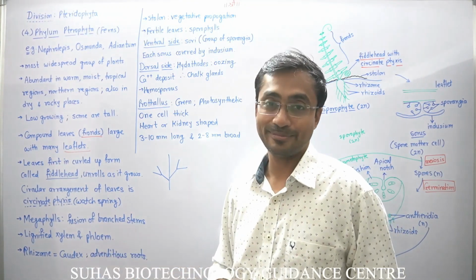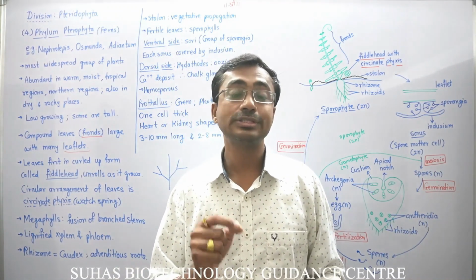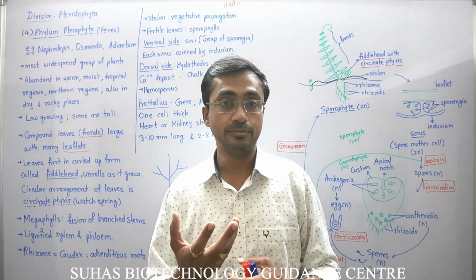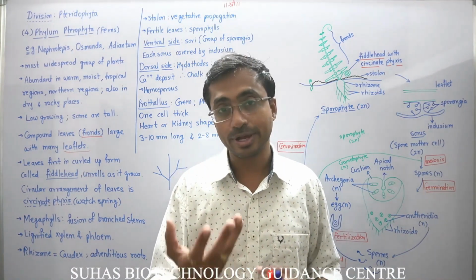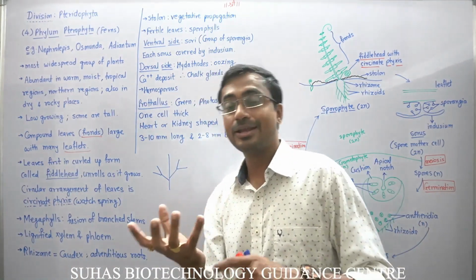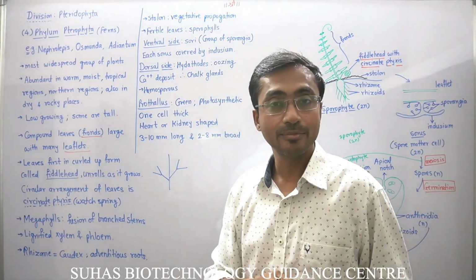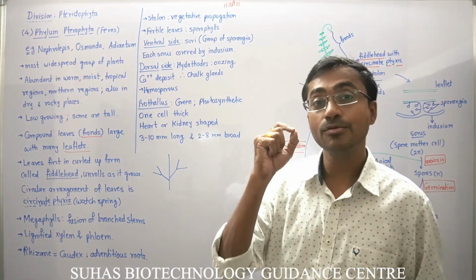Lignified xylem and phloem. Lignin is such a compound because of which the xylem and phloem become waterproof. They got their efficiency to work more, and that is because of the lignin. Lignin is a particular compound, and when it is present with xylem and phloem, we call it lignified xylem and phloem, and that's a sign that it is working fine.